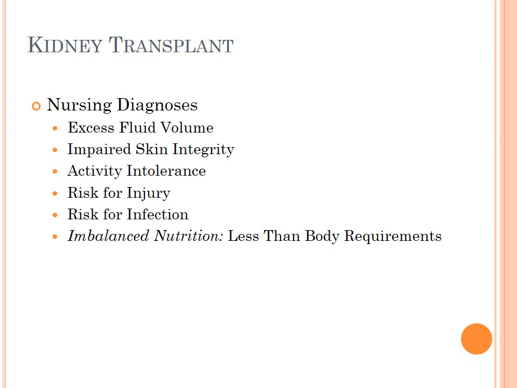Nursing diagnoses for somebody with kidney transplant or chronic kidney disease start on pages 864 and 865. So let's go to activity intolerance first, related to anemia, because of the erythropoietin problem.